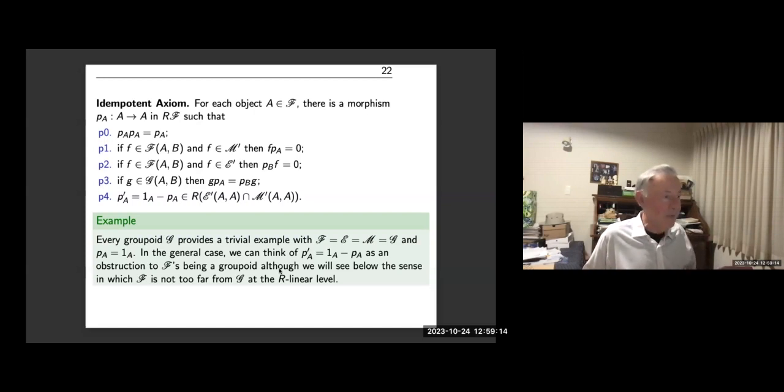That the complementary idempotent, 1 minus PA, has got to be a linear combination of things that are neither E's nor N's. That seems a bit strange. So for the groupoid itself, if F had happened to be the groupoid, and you took E to be equal to M, then you could take PA to be the identity.